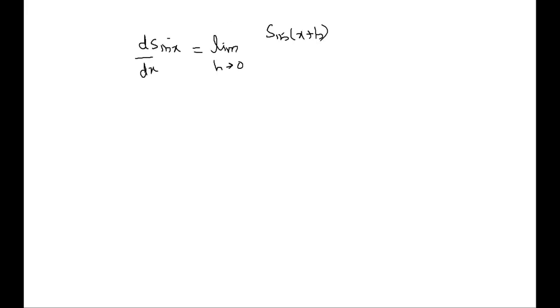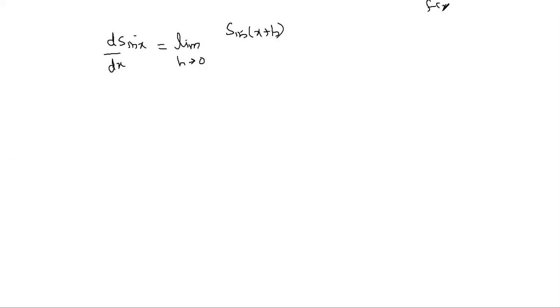Suppose we have to find the derivative of sin x, d by dx of sin x. As per the first principle, trigonometry will be used here: limit h tending to 0, sin(x+h), because f(x) here is sin x.